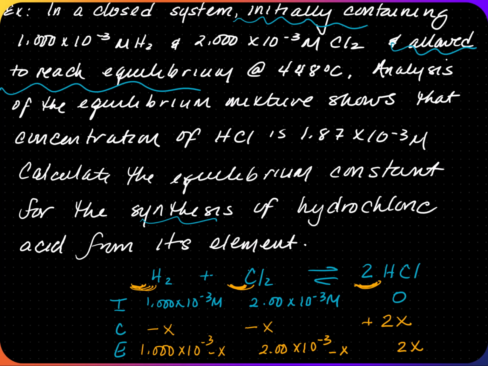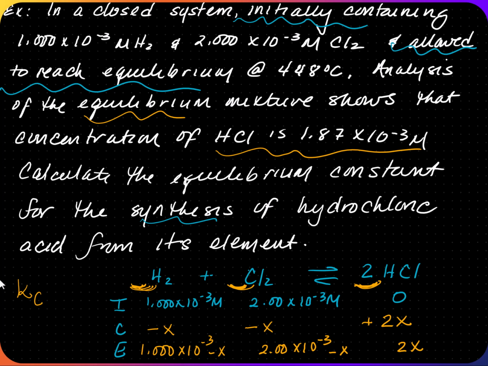We are looking for the equilibrium constant, so we are looking for Kc or KEQ. However, they also told you that at equilibrium, the HCl concentration is 1.87 times 10 to the negative third. Since they gave you the equilibrium concentration, we can solve for x.